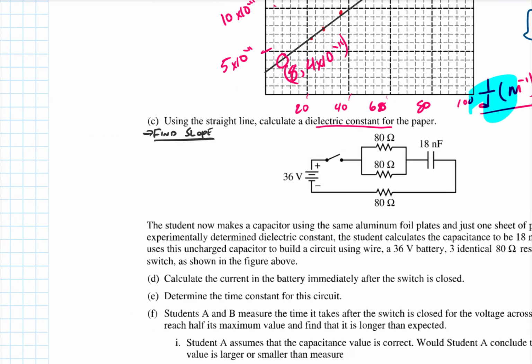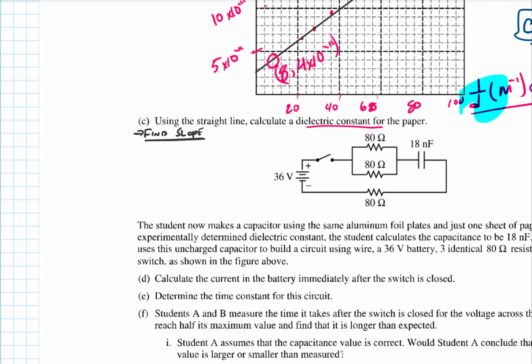All right, so looking at this, if we want to look at immediately after the switch is closed, what we want to look at is the time equals 0 circuit. Now, when time equals 0, my capacitor is empty, and it's going to act like a wire.